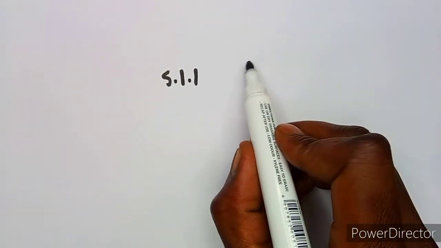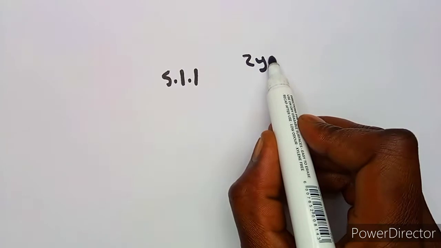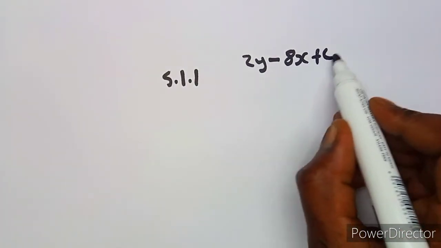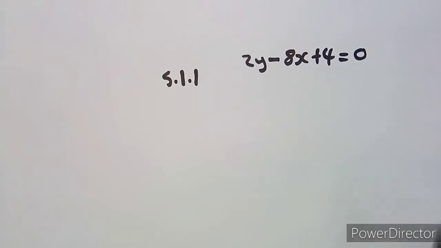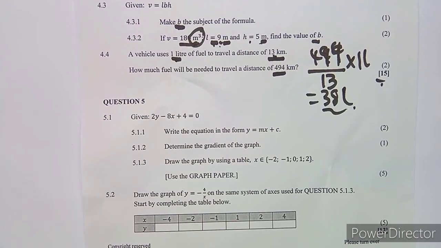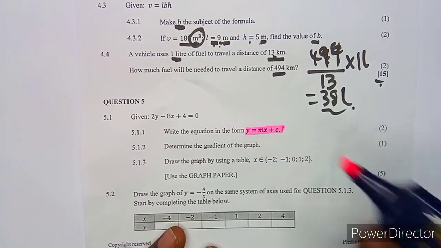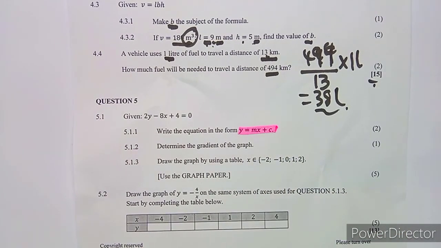The equation of the straight line was 2y minus 8x plus 4 is equal to 0, like this. Okay, this was your equation of the line. Now the question is to write this down. Take note, guys, the format here, y is equal to mx plus c. That is the format that you're given, which is the gradient intercept format.